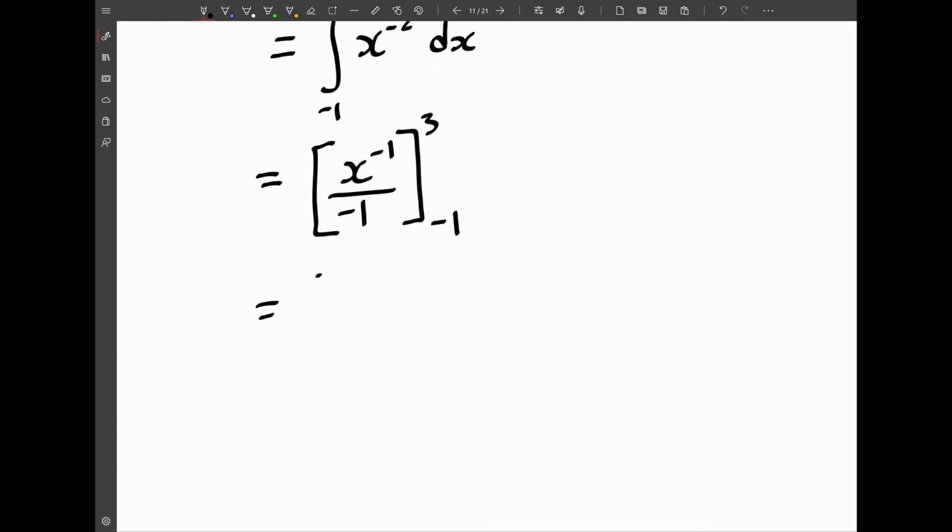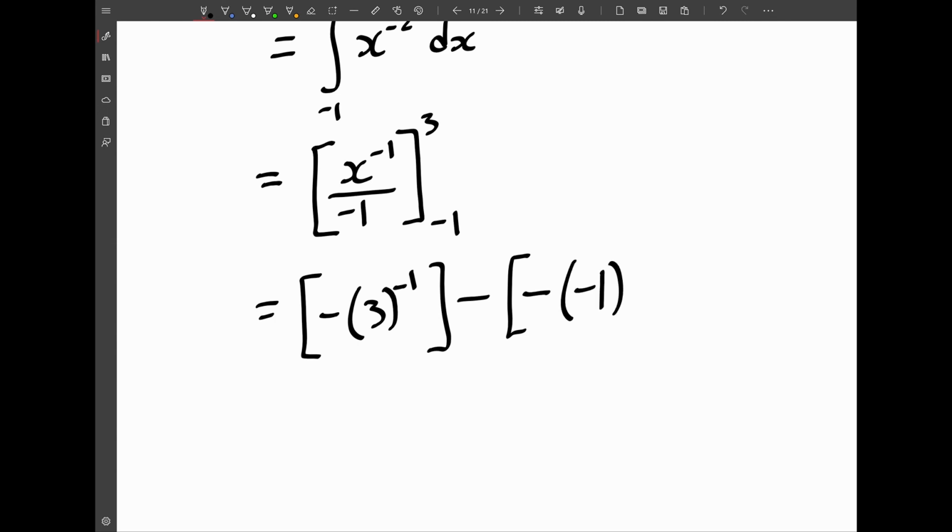So what this gives me is this is going to be negative, because divide by -1 is just going to have a negative up front, 3 to the -1 minus, here we go, more negatives, -1 to the -1. That's a lot of negatives in there. That is a decent number of negatives.